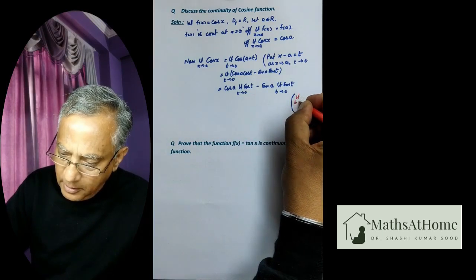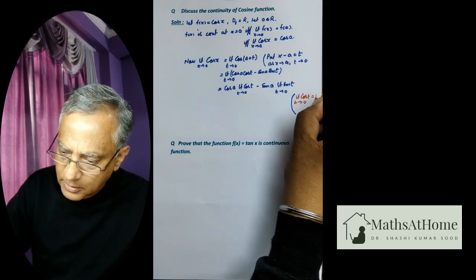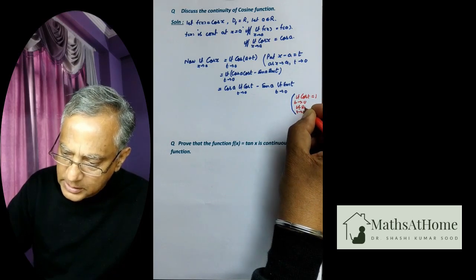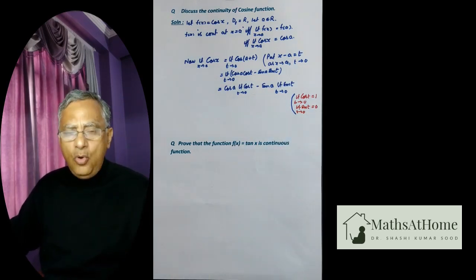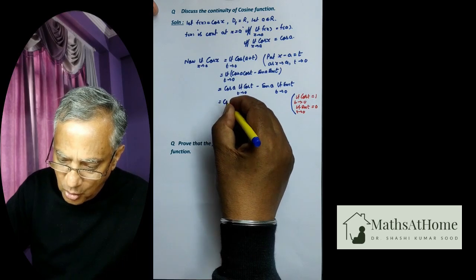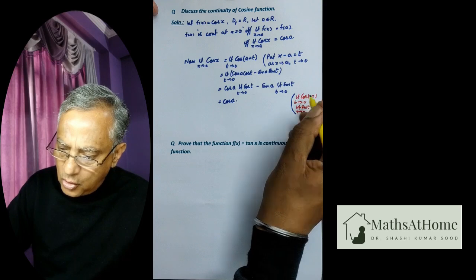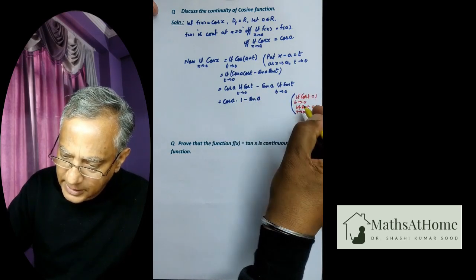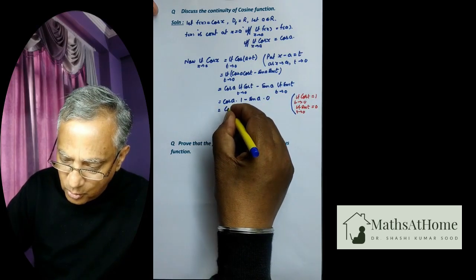Limit t approaches 0 of cos t is equal to 1, and limit t approaches 0 of sin t is 0. We will use these two standard results, and therefore this is equal to cos a into limit t approaches 0 of cos t, which is 1. This into 1 minus sin a, and this limit is 0, into 0. This is equal to cos of a.